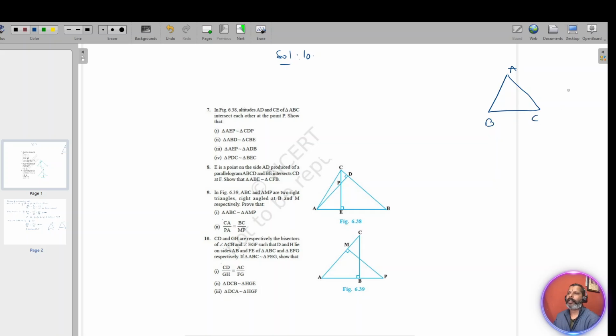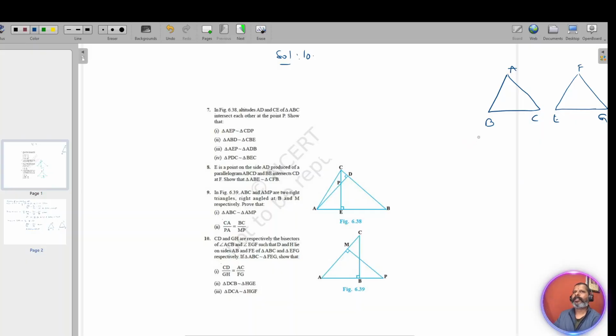ABC is one triangle, EFG is another triangle. Come back to the question.